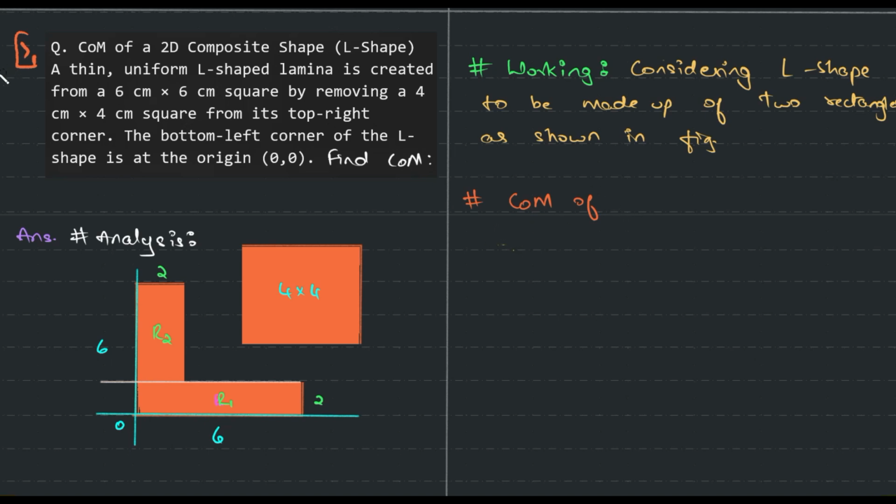Let me write it step by step. Rectangle 1: using symmetry, we have it to be at 3, 1. So the center of mass is at 3, 1.